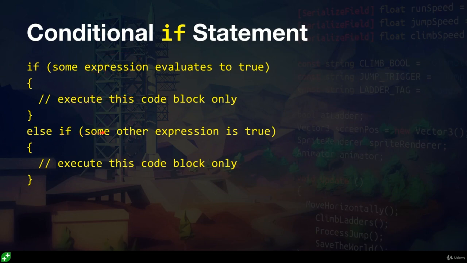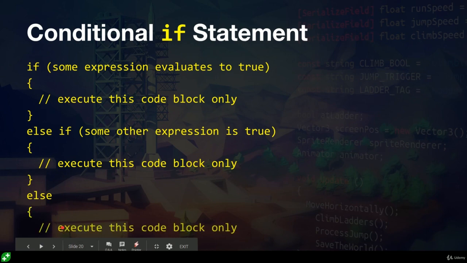Else if thing number 2 is true, do that. Else if thing number 3 is true, do that. Else if, and so on. So we can have a lot of else ifs one after another. And eventually, as a catch-all, we can use else, which is another way of saying if nothing else above has evaluated to true, then just do this. And again, we execute the code in the code block.